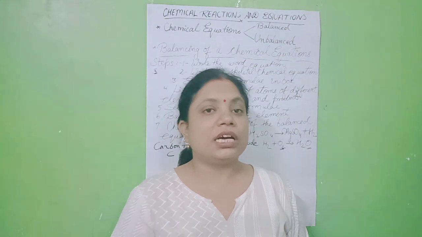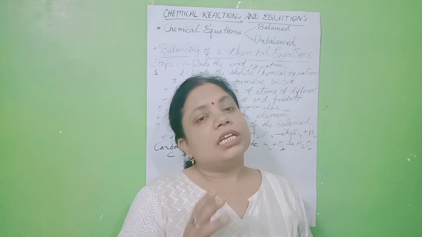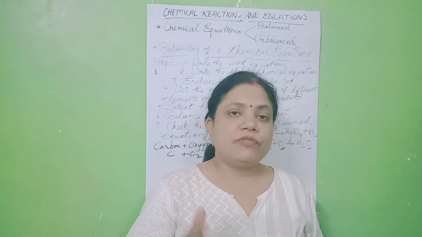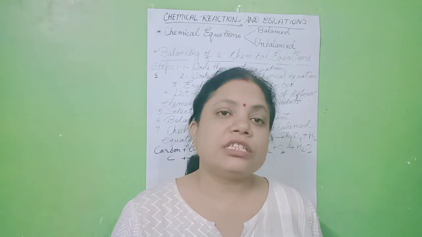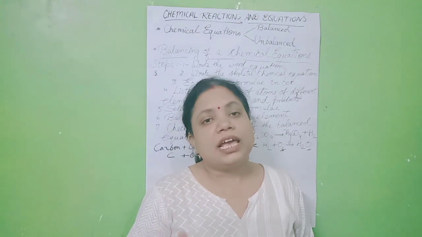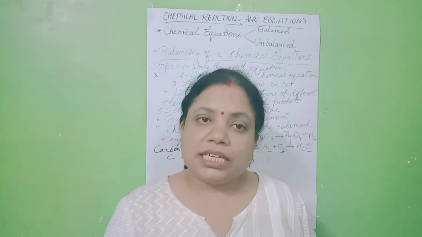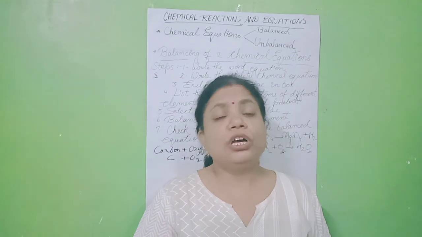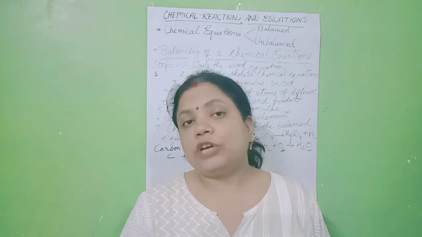Written, students? Again I repeat the question. Write a chemical equation for the given reaction when steam is passed over heated iron and it forms magnetic iron oxide and hydrogen.